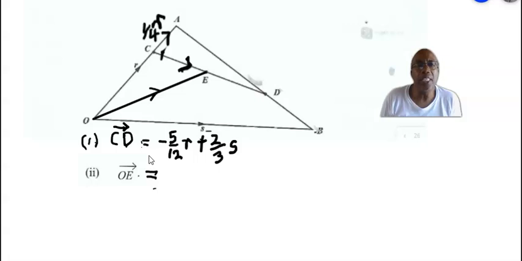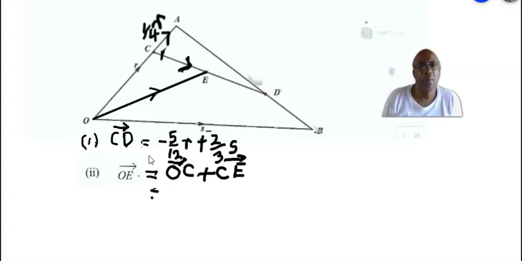So we can say OE equals vector OC plus vector CE. What is vector OC? We have vector OC because it was given.